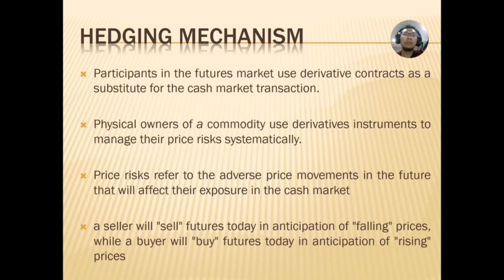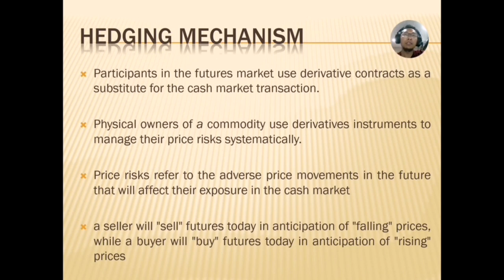Price risk refers to adverse price movement in the future that will affect their exposure in the cash market. The seller will sell futures today in anticipation of falling prices, while a buyer will buy futures today in anticipation of rising prices. So you as a buyer expect that the price will increase in the future, so you buy the underlying assets today.